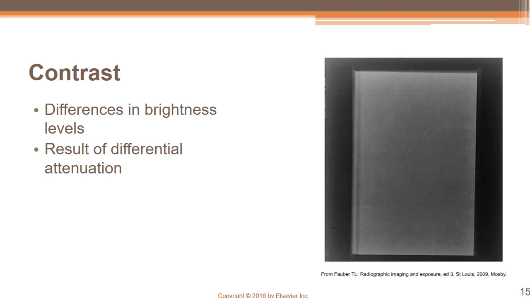An image that has sufficient brightness or density, but no differences among them, appears as a homogeneous object, and this appearance indicates that the absorption characteristics of the object are equal.